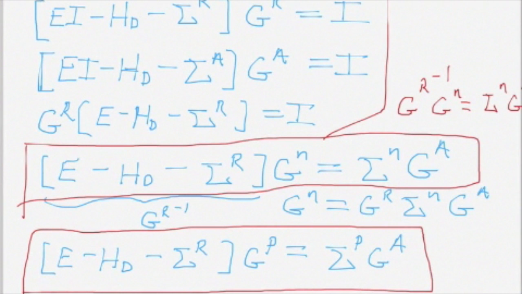That's the exact same equation, in a much more compact form, because E minus H minus sigma is GR inverse. And same with this one down here: GR inverse Gp is sigma p GA.